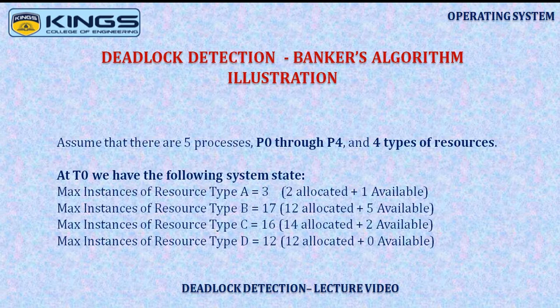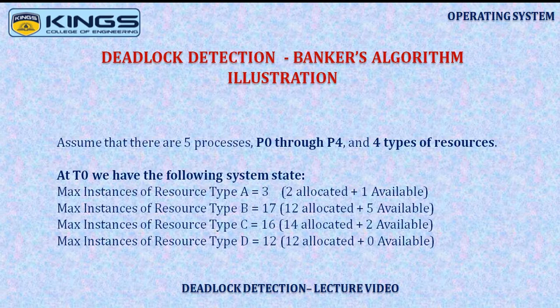If all the processes are able to complete their task without a deadlock occurrence, then the state of the system is free of deadlock and hence it is a safe state. So we are able to find whether the deadlock is going to occur. Let us see whether there is a safe state for the system. If there is a safe state for the system, then there is no occurrence of a deadlock. So we are going to apply Banker's algorithm for that.